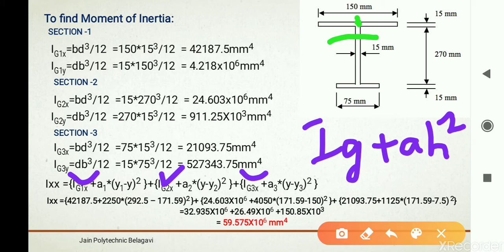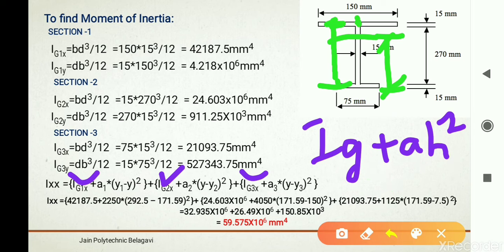We know that y bar is known, this is y bar. y1 is from the center of this section to the bottom. So y1 minus y bar will give you that value h1 square. So this is going to be A1 h1 square, and this is going to be Ig x1. Yes or no?